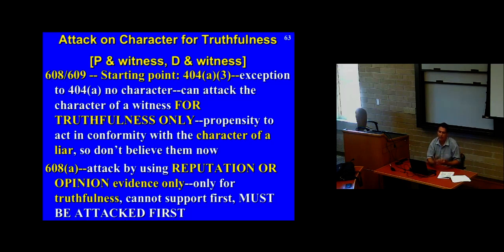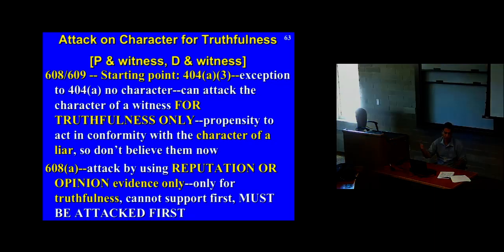But you can't put on that truthfulness of the character of the witness until their character for truthfulness is first attacked. You could think of this like opening the door, and the way you open the door is if you take the stand. So if I take the stand, I'm opening the door to have my character for truthfulness attacked.